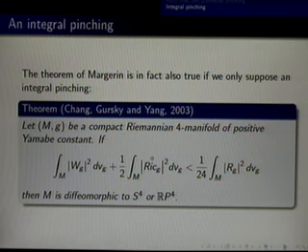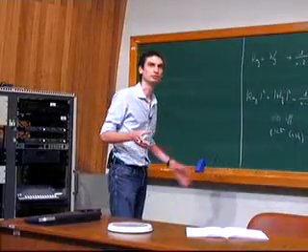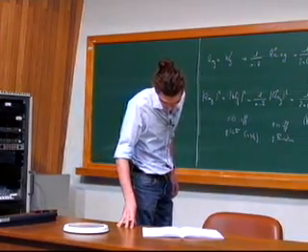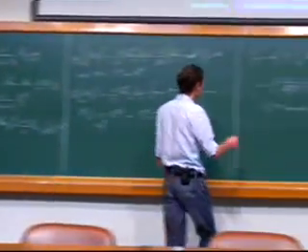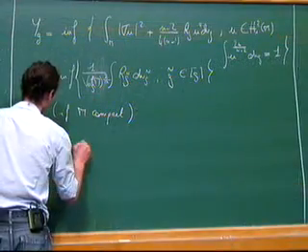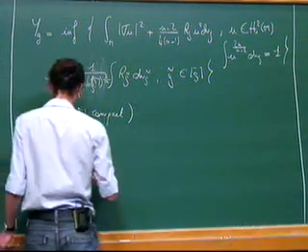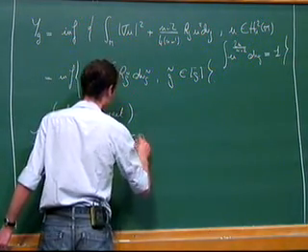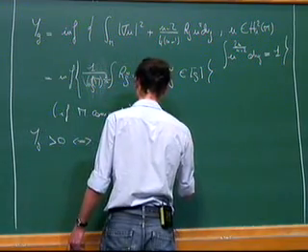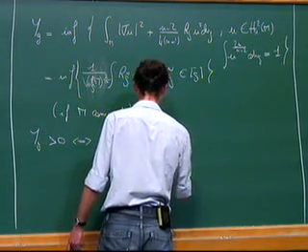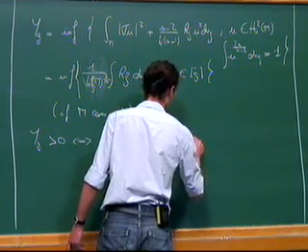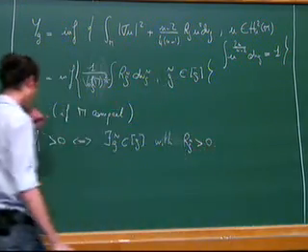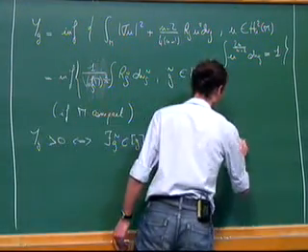So the idea to prove this is to get the pinching of Margerin, the pointwise pinching. So I just finish with the Yamabe invariant by saying that it is positive if and only if you have a conformal metric that has positive scalar curvature, if M is compact.